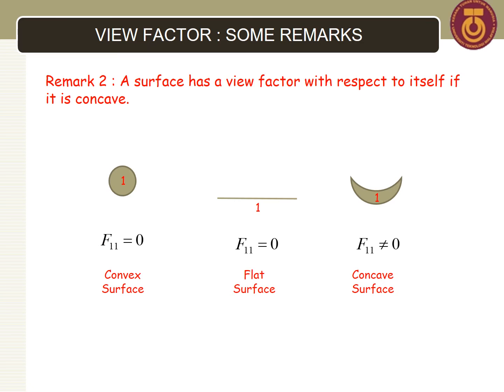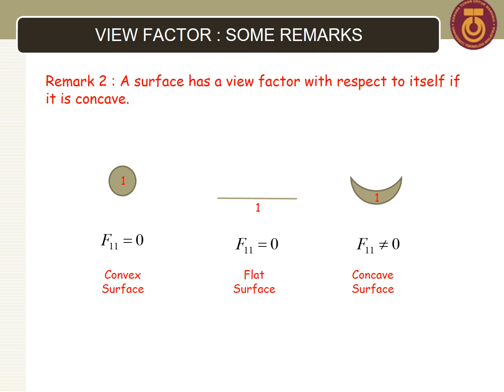Okay, now let's continue with remark number 2. That is, a surface has a view factor with respect to itself if it is concave. So what does it mean by view factor with respect to itself? For example, this is surface number 1.